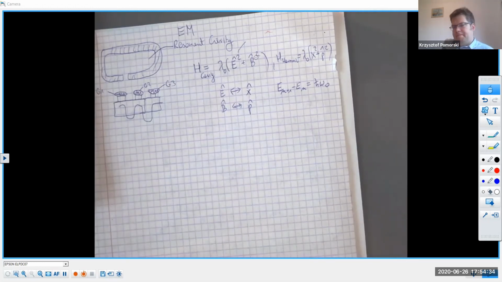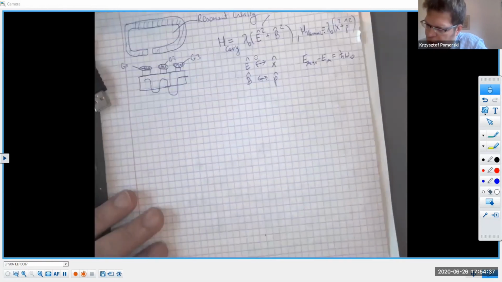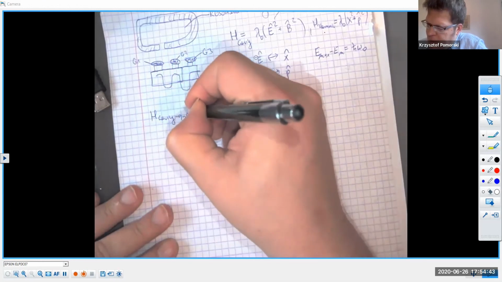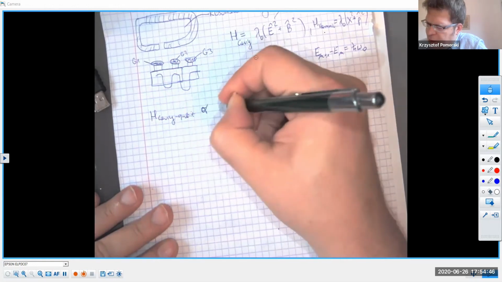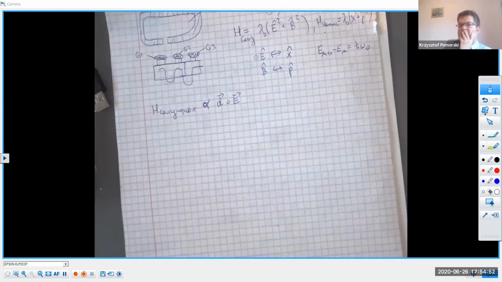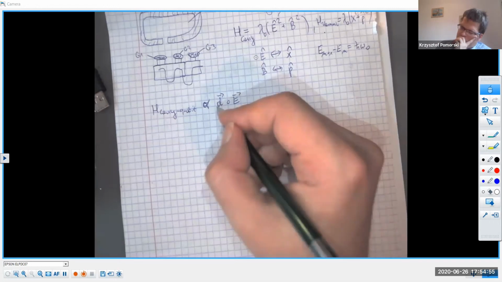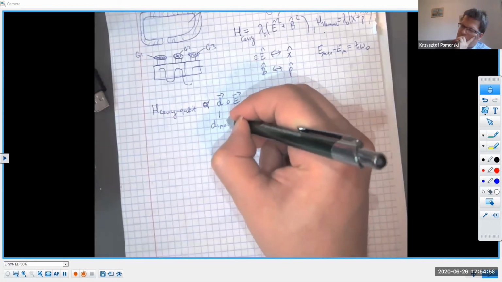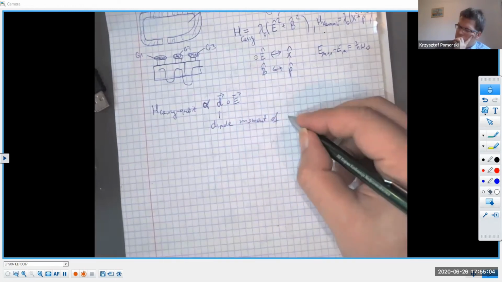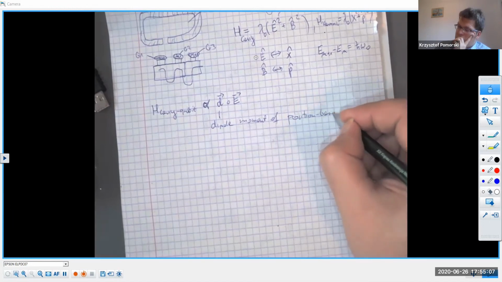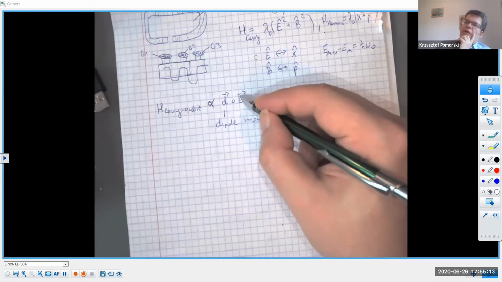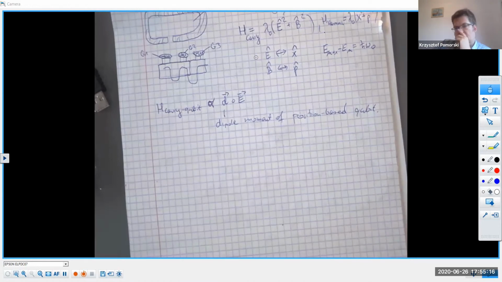So we have this cavity qubit interaction, which is proportional to dipole moment and electric field. Dipole moment of the position-based qubit, and this is the electric field coming from the electromagnetic field.